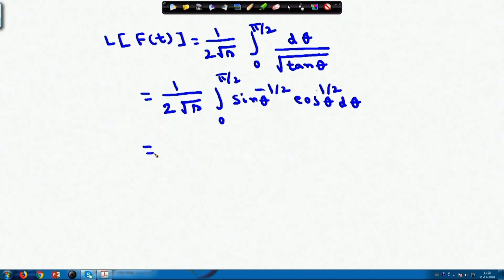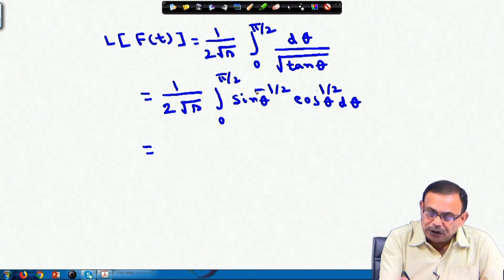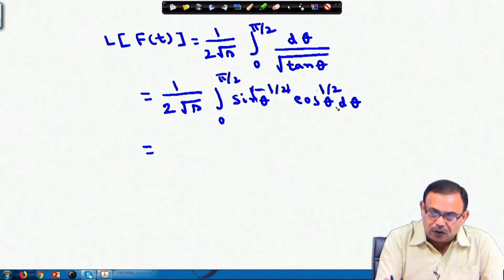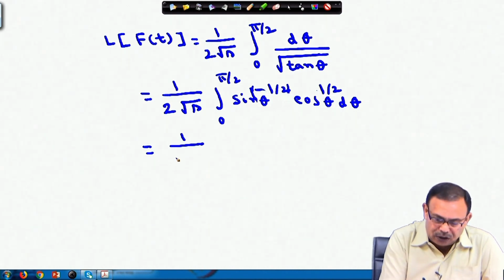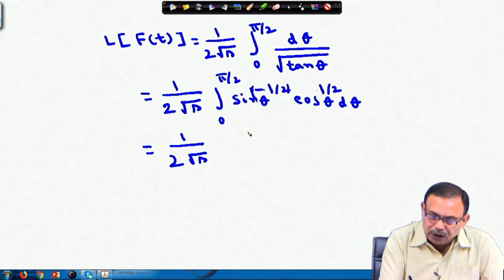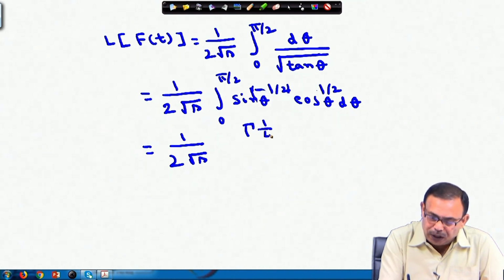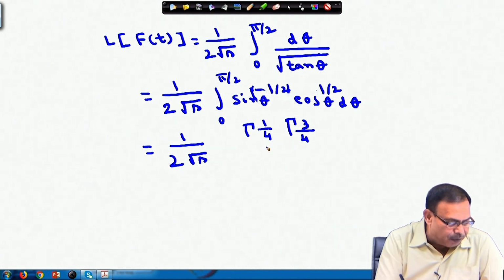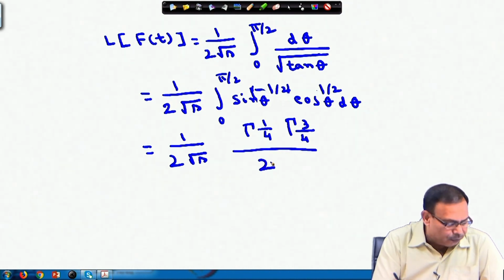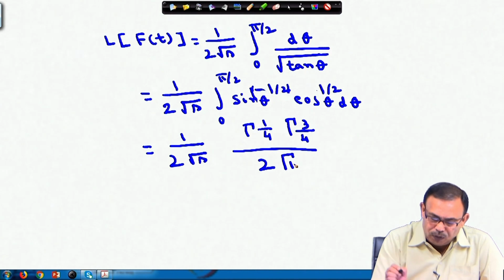This is basically of the form sin to the power m theta cos to the power n theta, and this value I can obtain easily. It will be gamma 1 by 4 into gamma 3 by 4 divided by 2 gamma 1.